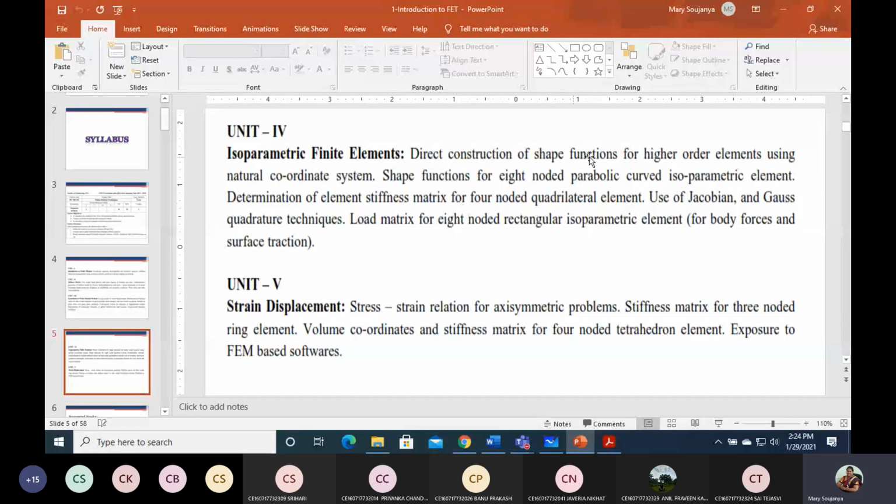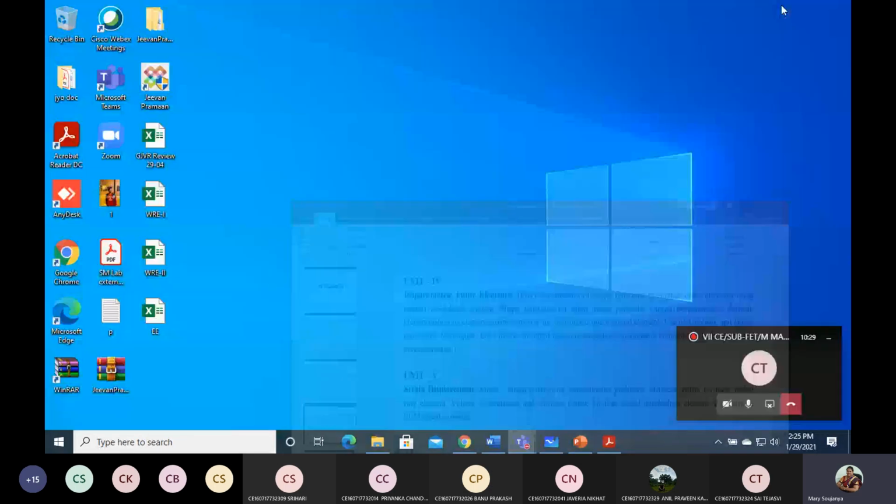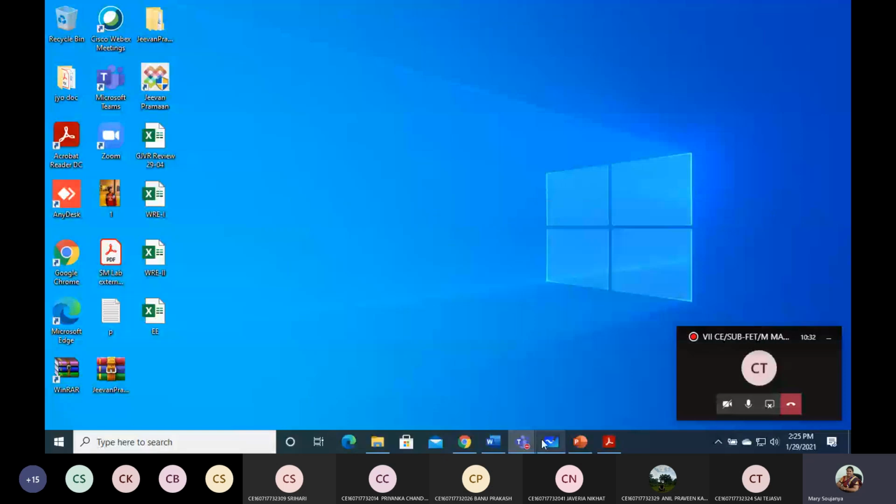Then the load matrix for the 8-noded rectangular isoparametric element. This will be your syllabus for unit 4. All right. Let's start with the class today.